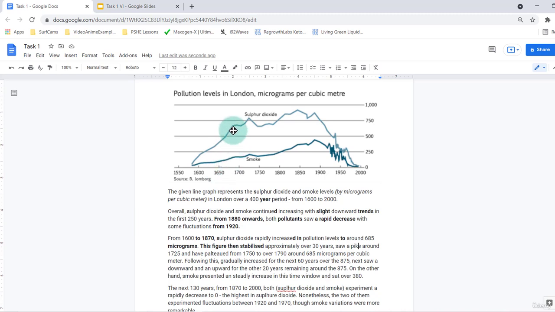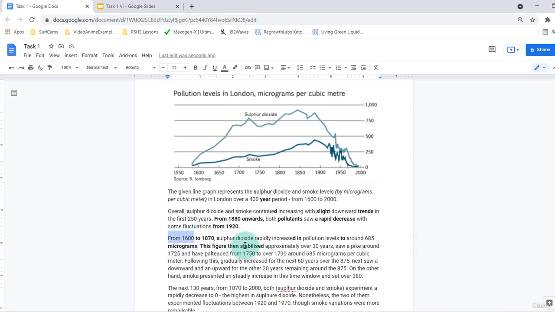So it looks like we may be saying from this part here, from 1670 to 1780. I think that's probably where we're going from. Let's say, I think there needs to be a larger change to this sentence. This figure, pollute to around 685. So we're at 685 micrograms. Let's take a look.